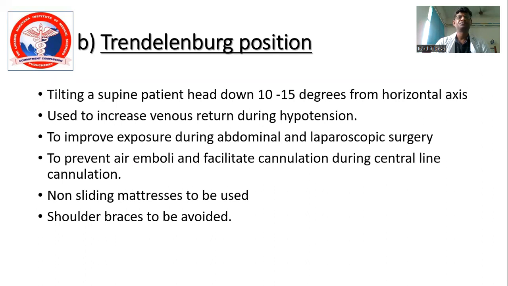pelvic region. This position is also used to prevent air emboli and facilitate cannulation during central line cannulation. During central line cannulation, especially of the IJV, we keep the patient in the head down position. Thereby, it prevents air from entering into the venous system and leading to air embolism.